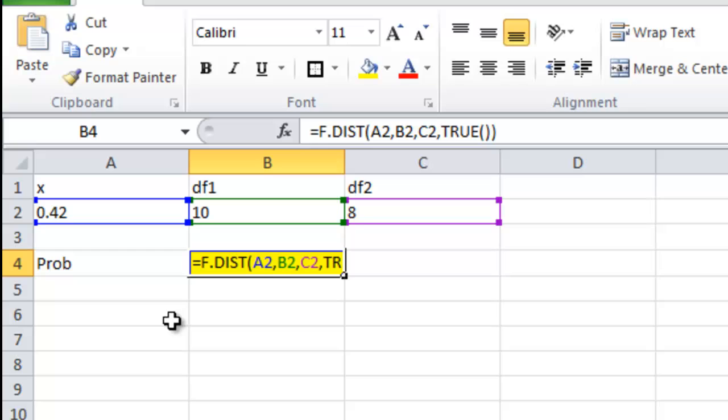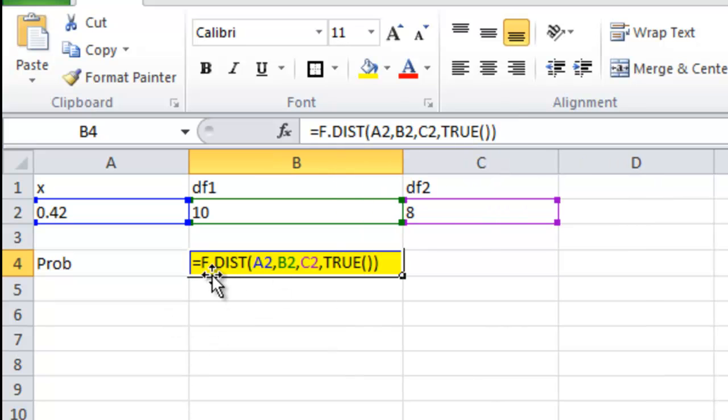So if I look at the formula here, it's F.DIST. A2 is the x. It's asking for what that value is. Then the degrees of freedom for the numerator, for the denominator, and then true for cumulative.